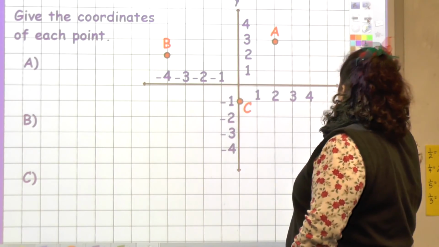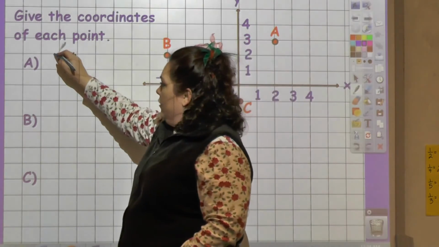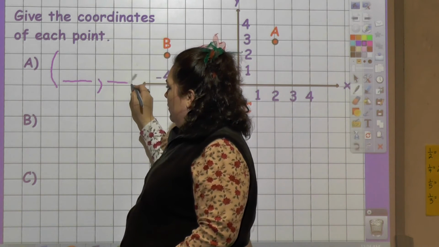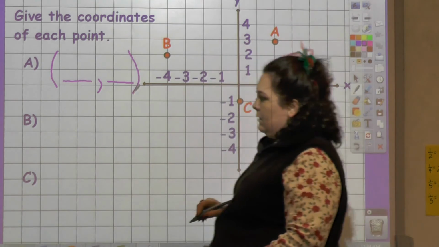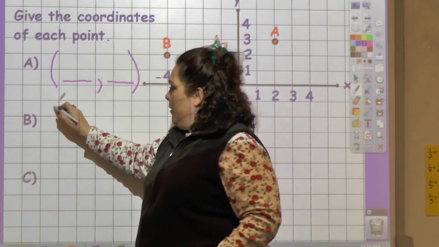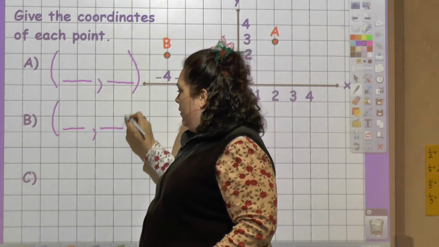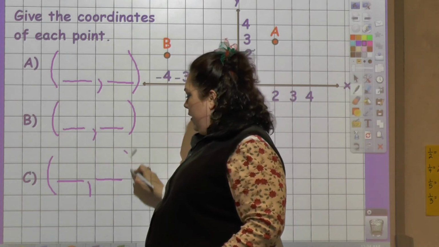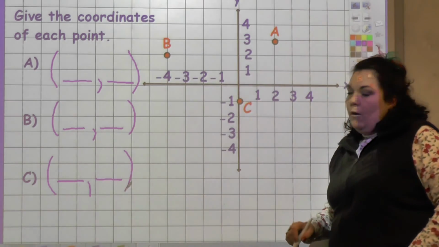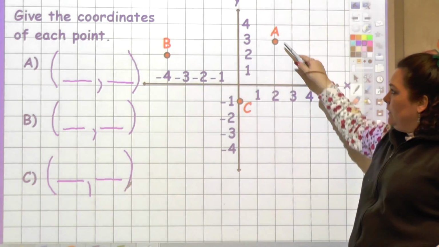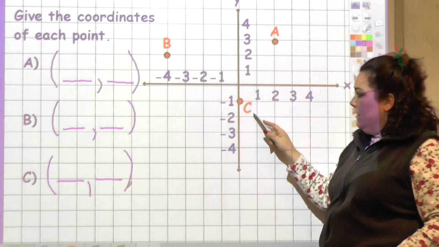And in your homework check, you're going to put the x coordinate, the y coordinate, in parentheses. So you put your answer here. And then for B, you'd put your x coordinate, your y coordinate, in parentheses. And then tomorrow, you're going to be answering questions about points on the graph. So this is A, this is B, this is C.